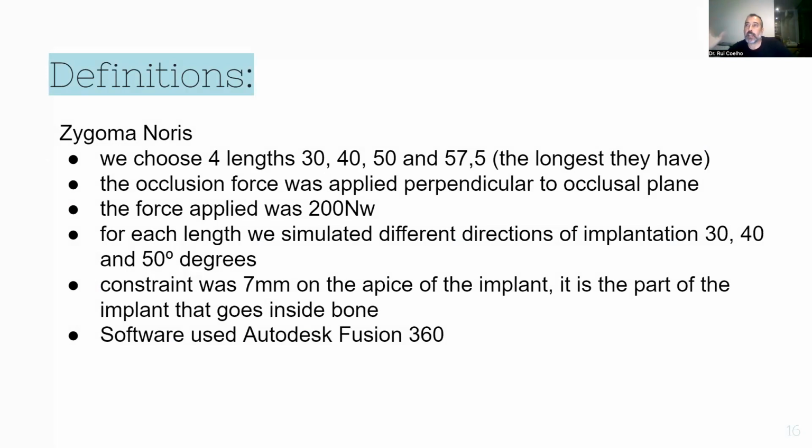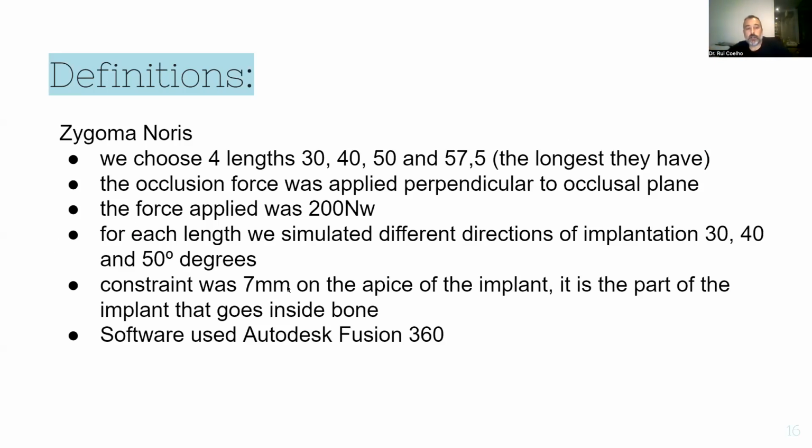You cannot analyze only one angle, because if you are doing a quad zygoma, for example, the anterior zygoma will be at a much more open angle than the posterior. So the behavior will be different, okay?